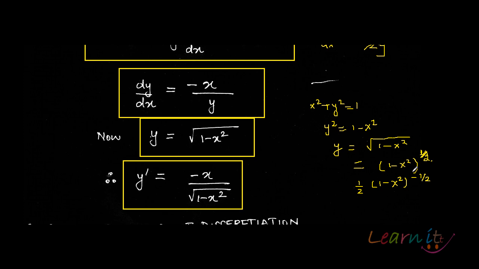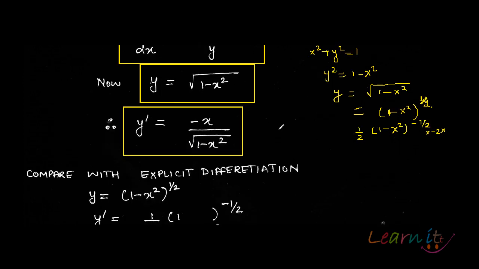Now I will have to use the chain rule because I have x square inside, right? So into minus 2x, minus 2x is inside. 1 leads me to the differential 0, so 0 minus 2x. So that's how I get down here.